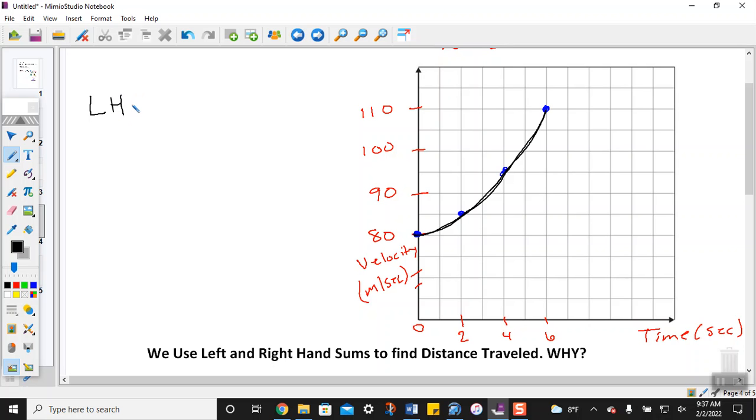So what we're gonna do here, kids, is this. We're gonna start putting some rectangles in here. And I'm gonna start doing rectangles for left-hand sum. So I'm gonna start at 0. I'm gonna go all the way up to my graph. I'm gonna draw a rectangle right there.